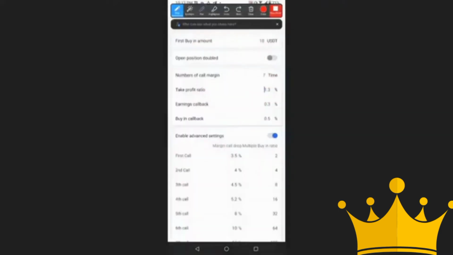Now, to continue the same argument, you bought, the price went down by 3.5%, and the bot bought 2 times the coin. Now your entry price is here, no more here. Then the price is still going down, by another 4% from this 3.5%. The bot will execute to buy another 4 times. So your initial capital was $10, then $20, now another $40.